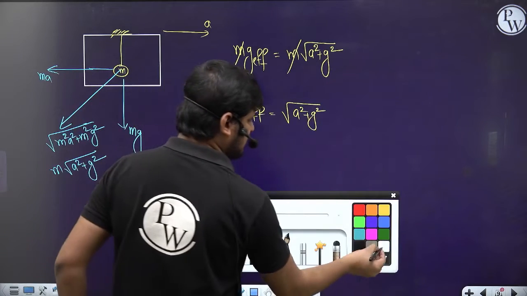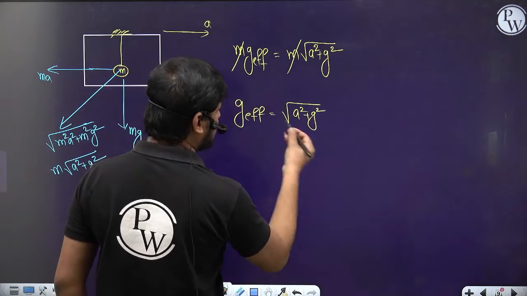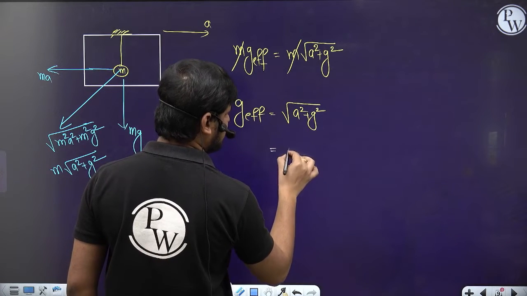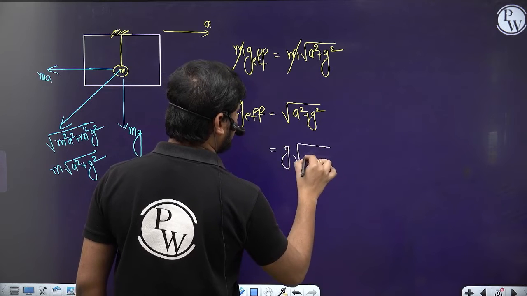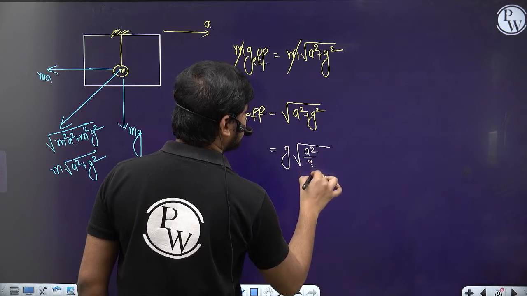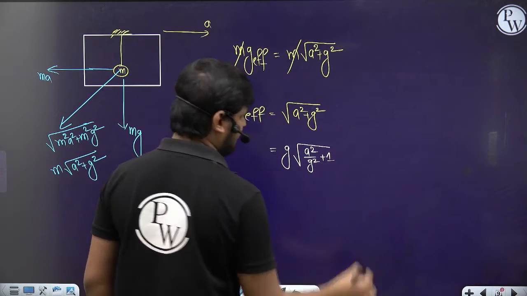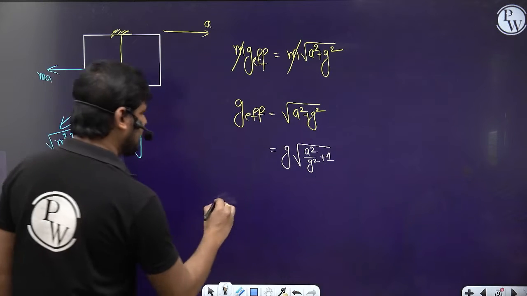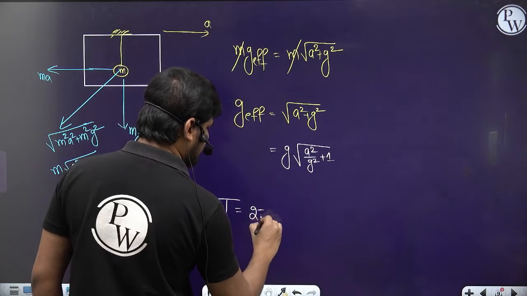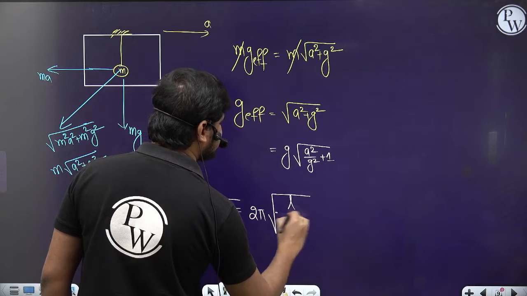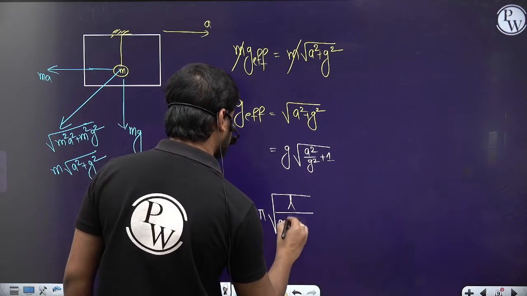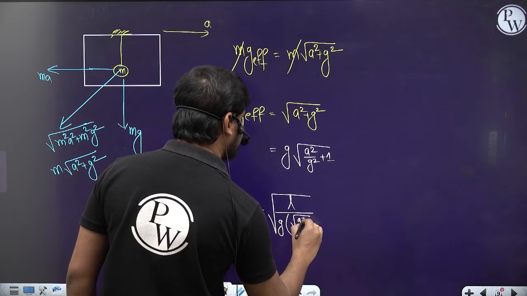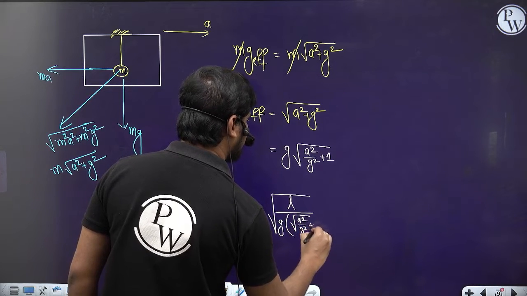If you want, you can take g also out, divided by g square for each term. So g will come out here, a square by g square plus 1 will come. Done. So if you write the total time period, 2 pi into root over L by g effective, what is g effective? G into square root of a square by g square plus 1.